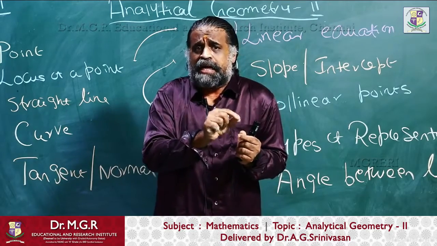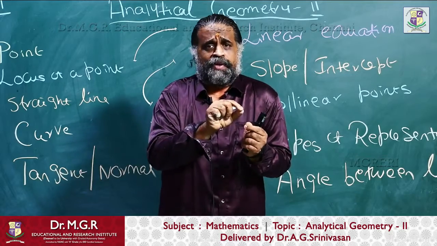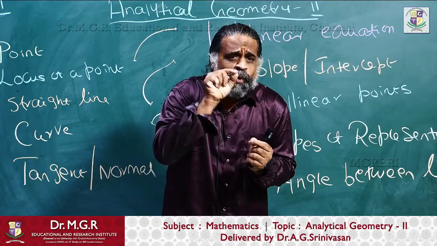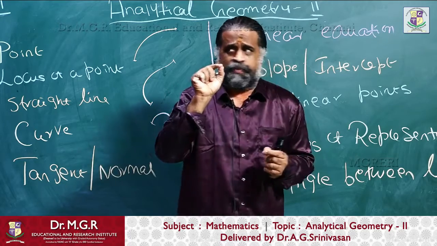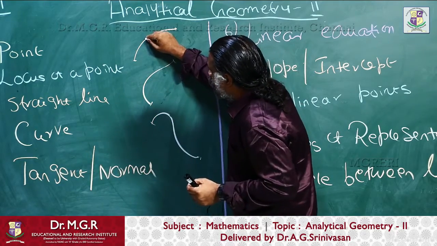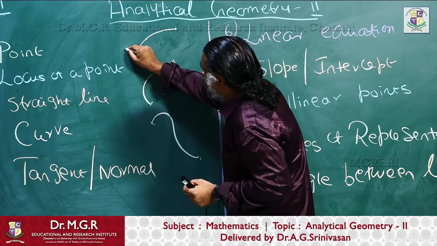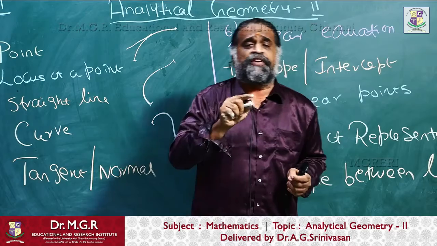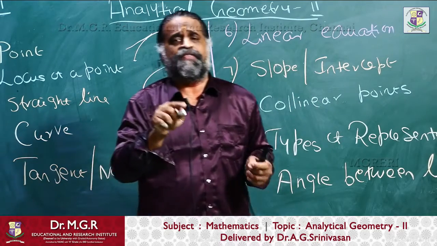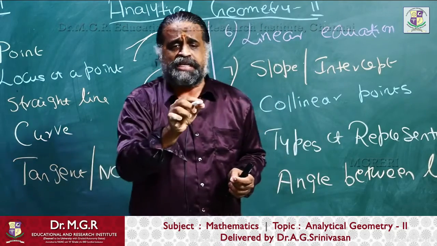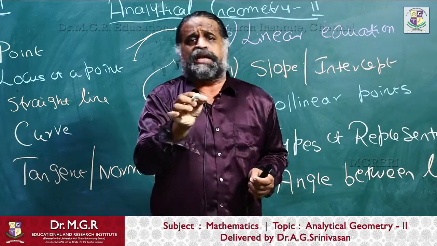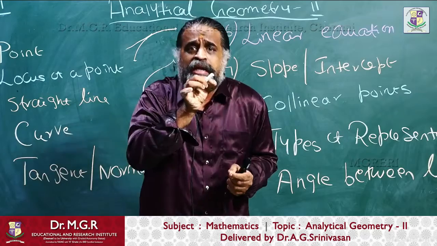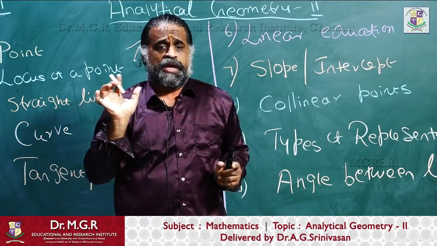Suppose there is a line that touches the curve only at one point. Imagine this is a curve, and there is a point here where a line touches the curve only at one point. It is very difficult to draw the graph. So what is the tangent? A tangent is a straight line that touches the curve only at one point.